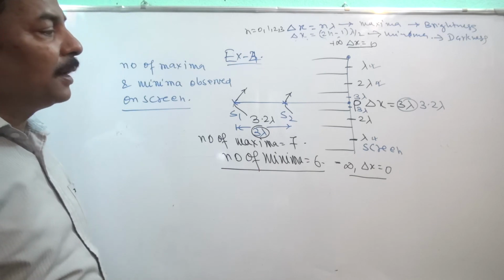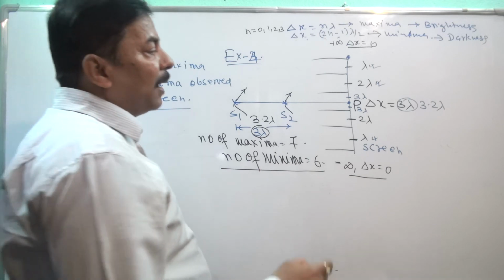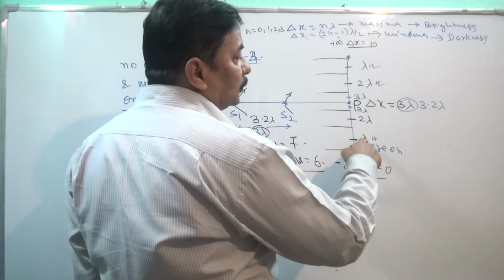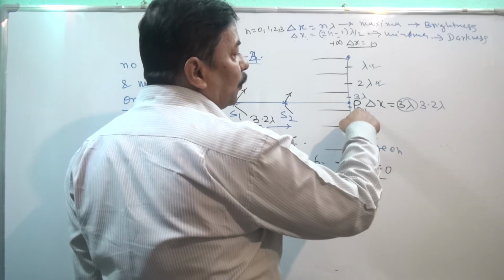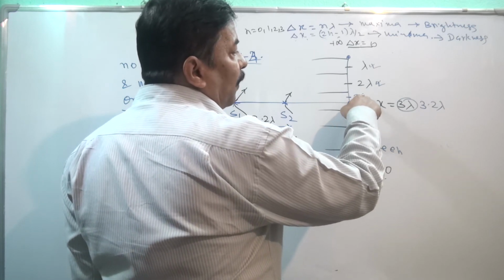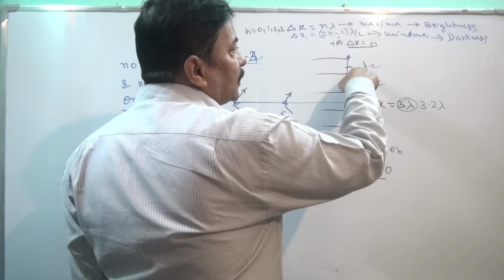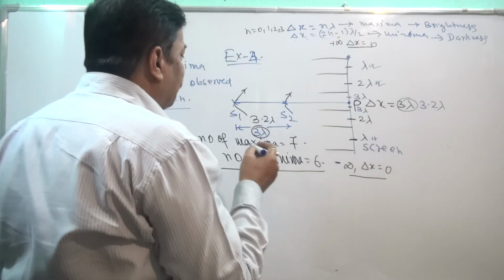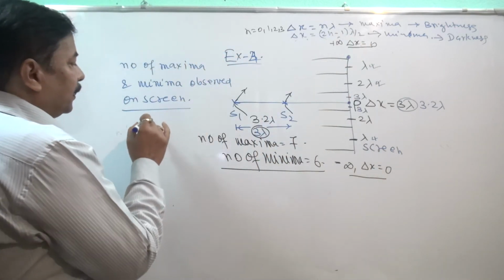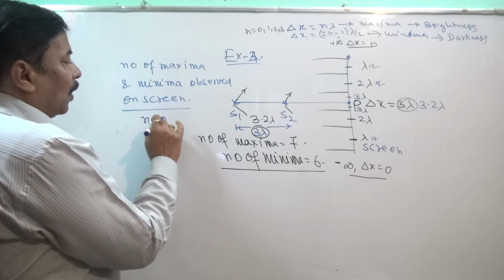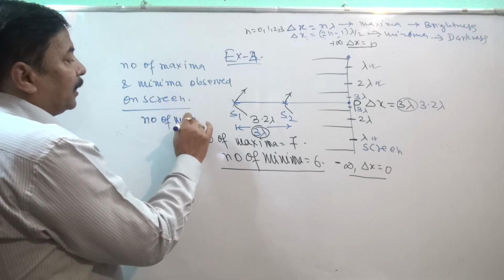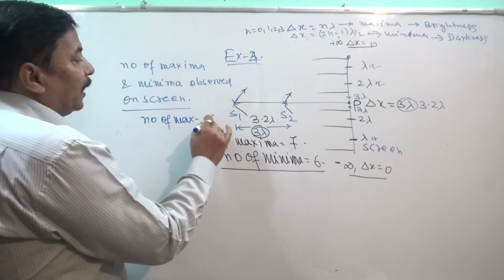So what maxima will you be getting? You will be getting the maxima 1, 2, 3, 4, 5, 6, 7, 8. So the number of maxima in this case is 8.